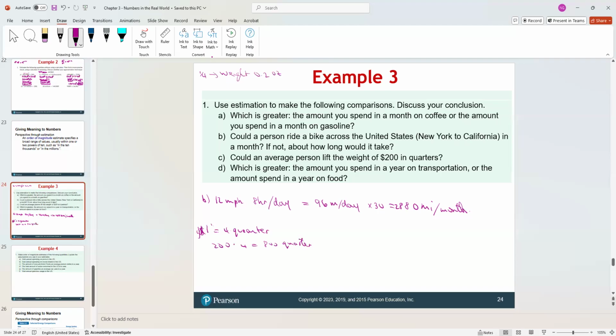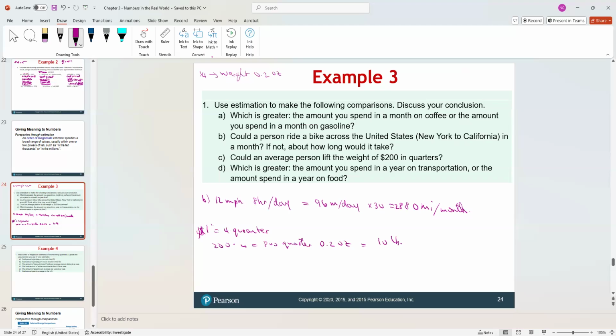So if you have 800 quarters, and you multiply it by 0.2 ounces, approximately that's only 10 pounds. It's like the weight of a carry-on luggage. So you assume that, of course, it's possible. Yes, assuming that, it is possible.